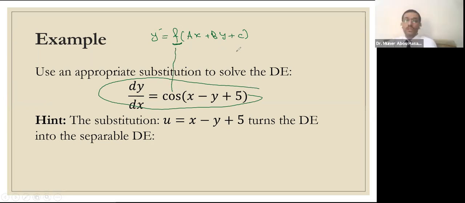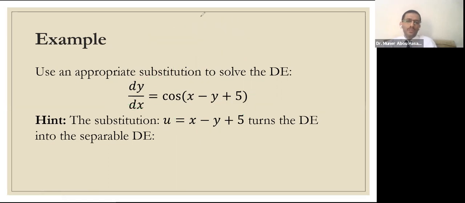To solve it, the appropriate substitution is to choose all those to be u. So to solve this equation now, I'm going to use all those to be u. It's a new idea, a new substitution which you need to learn. Let us together do this equation in detail.